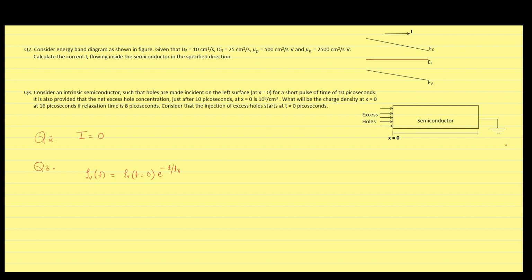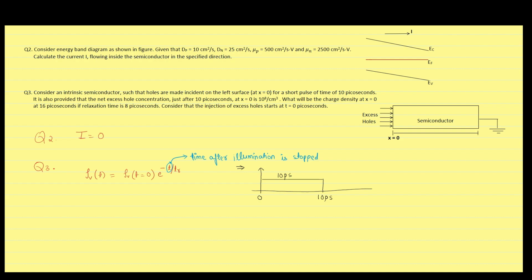Now you have to remember that the time which we take here is the time after the illumination has stopped, and you see that a pulse was incident from t equal to 0 and the width of the pulse was 10 picosecond. Therefore, the illumination was stopped at 10 picosecond.